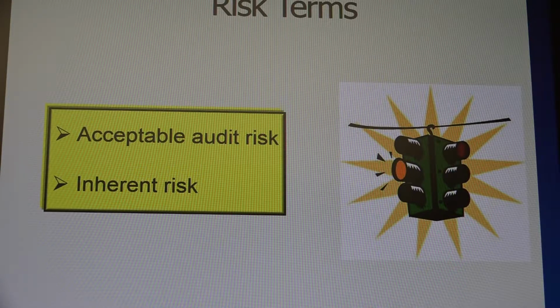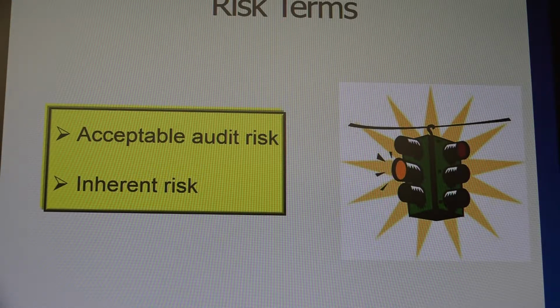Inherent risk is a measure of the auditor's assessment of the likelihood that there are material misstatements in an account balance before considering the effectiveness of internal control.